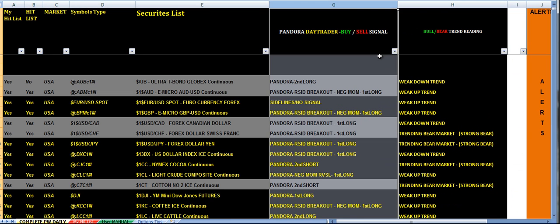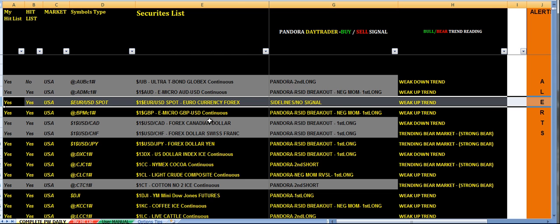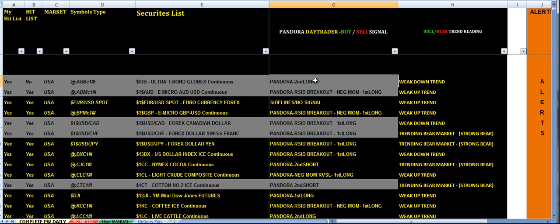Looking at the next column, G. Column G is important because this is the Pandora day trader signals. When there's no day trade signal, it'll say sidelines, no signal, such as in the euro for today. Likewise, you'll see Pandora second long, so it's telling you that you're going to be looking for buying opportunities.